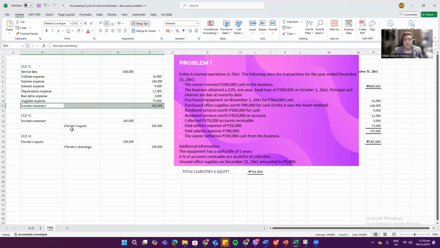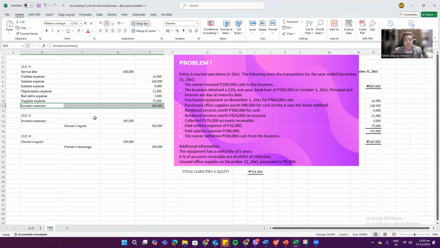Next, another closing entries that we prepare is for the income, no? For the owner's equity, no? So again, this income summary account from the income statement, when we close the nominal accounts from your profit and loss. So again, the revenue and expenses, we then now have to close this to the owner's equity. No?